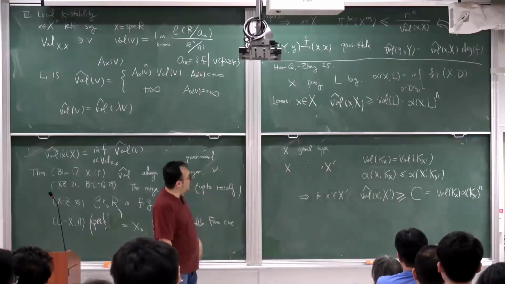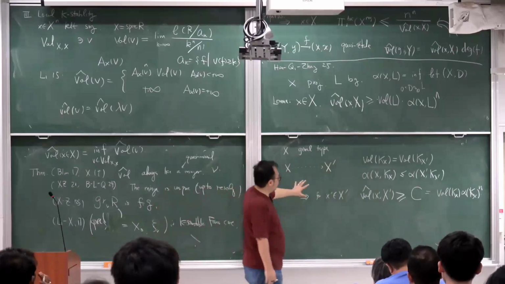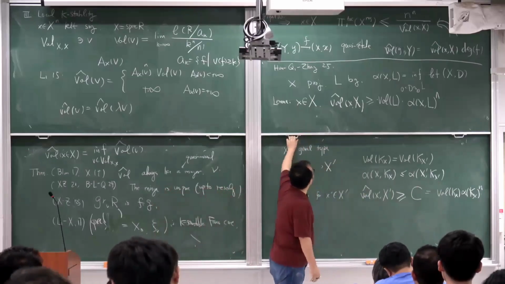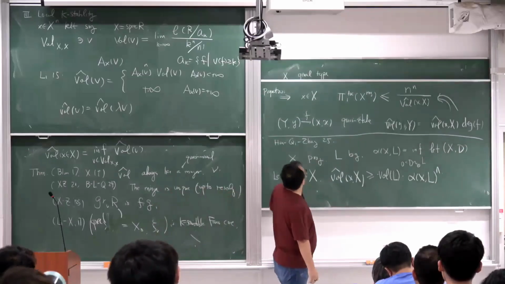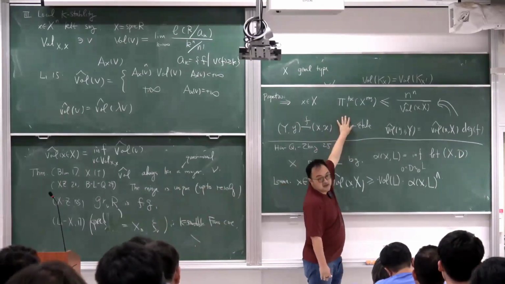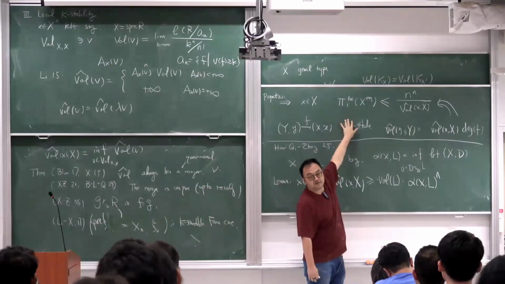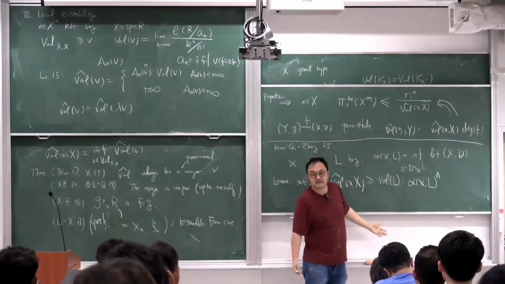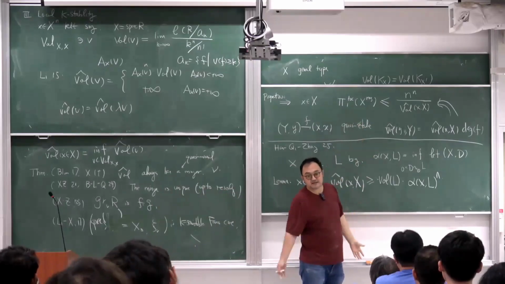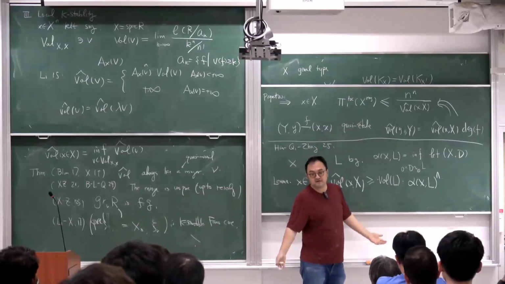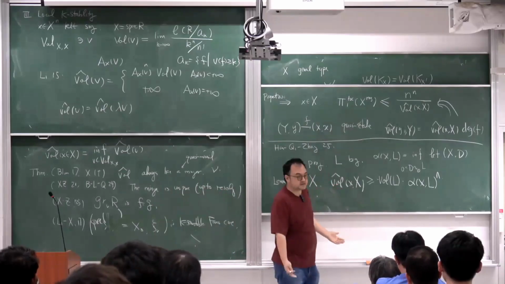So then, if you combine this fact with this fact, you conclude that the local fundamental group is uniformly bounded. So particularly, for instance, the Cartier index is uniformly bounded, because of course the Cartier index divides the order of the local fundamental group.